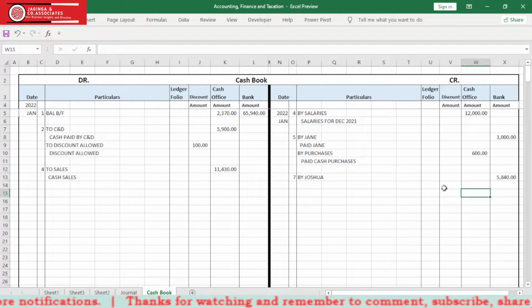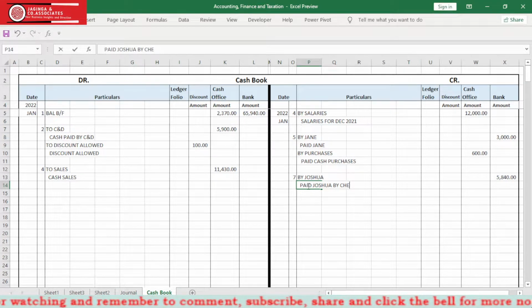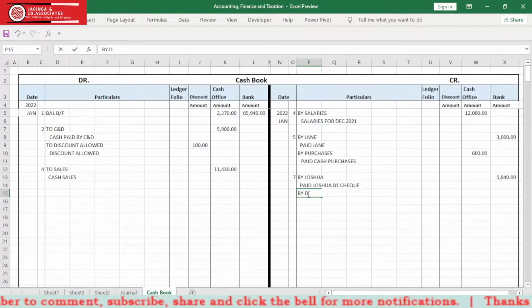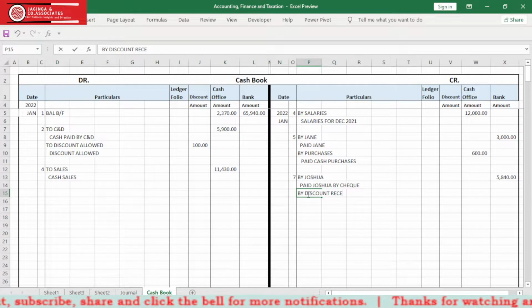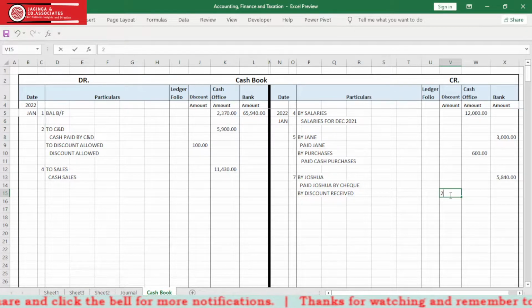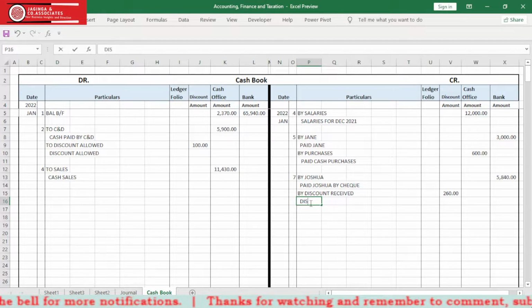And then he received a discount of 260, but we still must write the narration: paid by check. Then again here by discount received. The discount received here was 260. So we narrate: discount received.